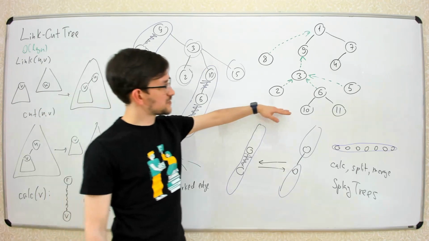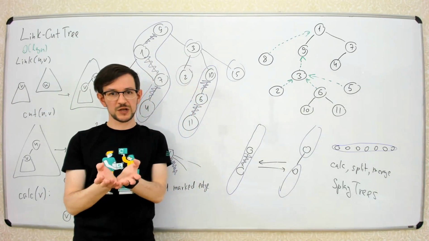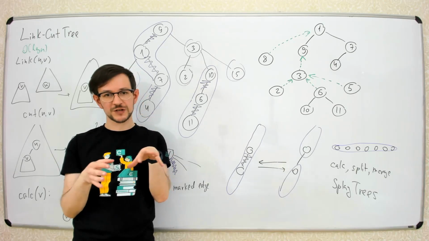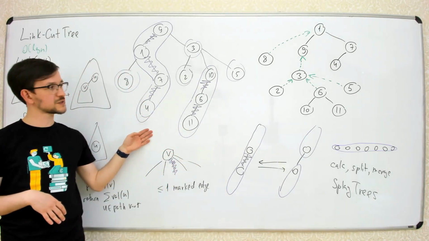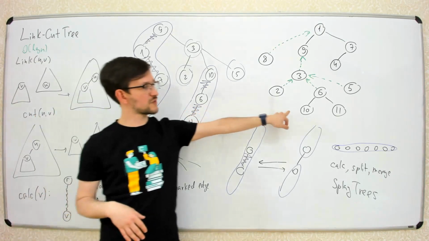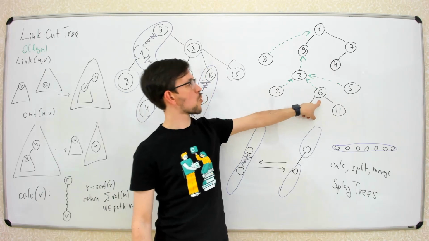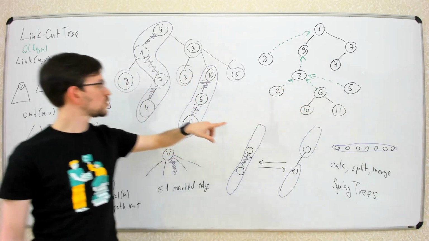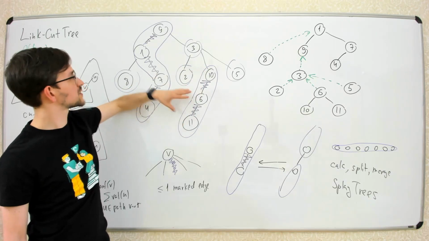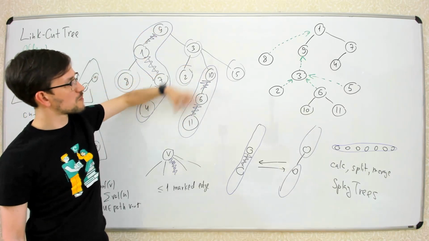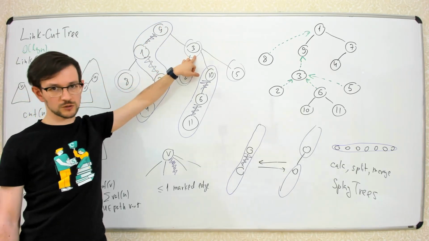So this is the structure of your link-cut tree. The internal structure is very simple. You decompose your tree into paths. For each path, you have a splay tree. And from the root of the splay tree, you have a pointer to the node which is attached to your path. Each path except the root one is attached to some node of the tree.